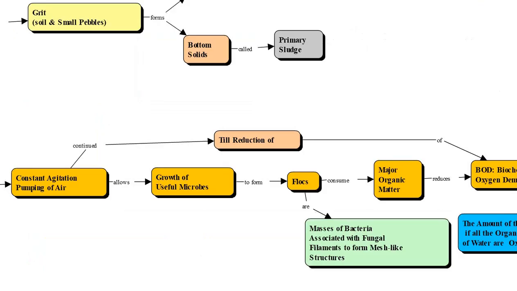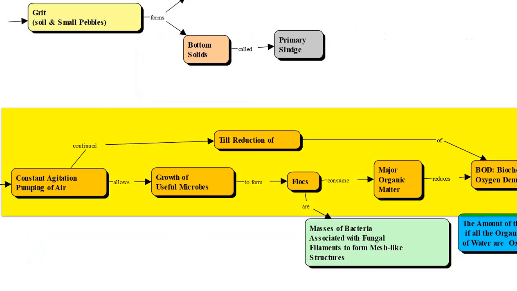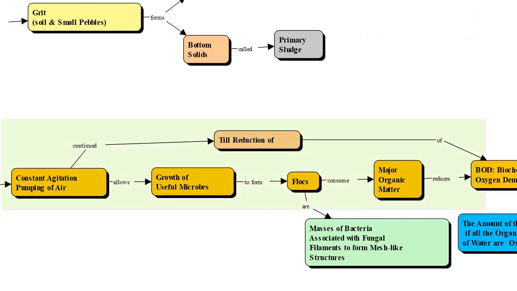So this process is continued till the reduction of the BOD. The process is constant agitation as well as pumping of air, which supports the growth of the useful microorganisms that form the flocs, and this process is continued till the reduction in the BOD in the sewage water.